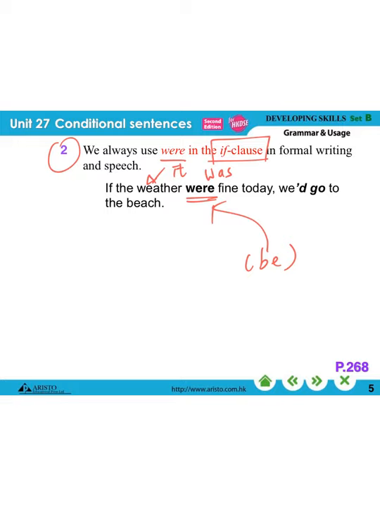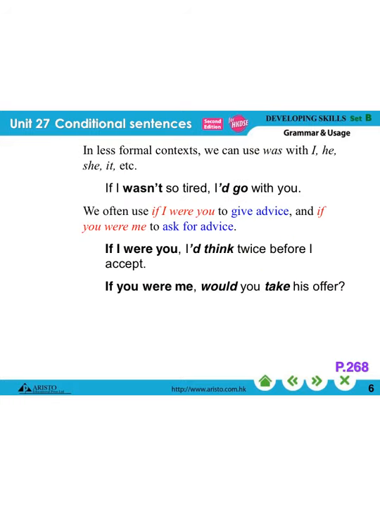If the weather were fine today, we would go to the beach. Of course, in less formal contexts, we are still using was with I, he, she, and it.